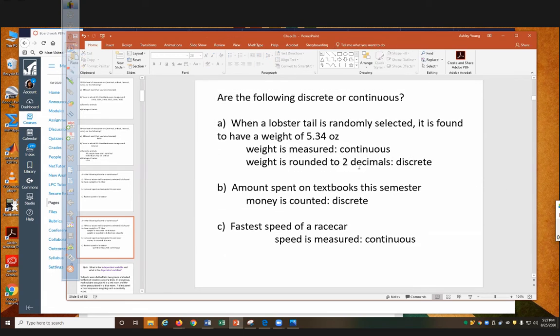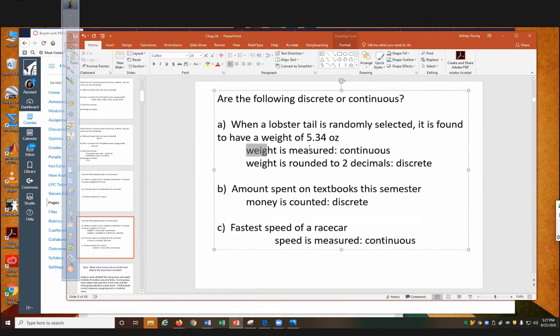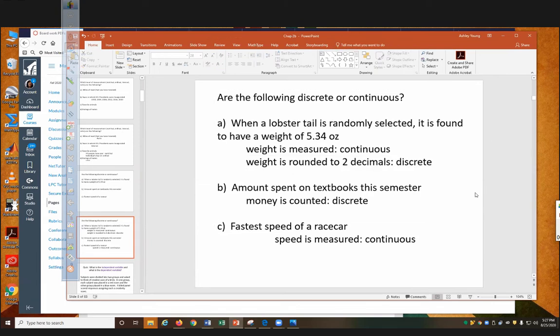So if you said weight is measured, it's continuous, that's correct. If you said the weight is rounded to 2 decimals, so it's discrete, that would also be correct if you put that in there as an explanation. Yes, depending on how you explain it. I would like it to be explained. Does that make sense?